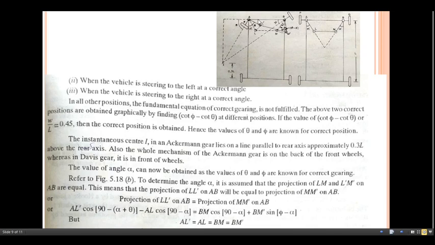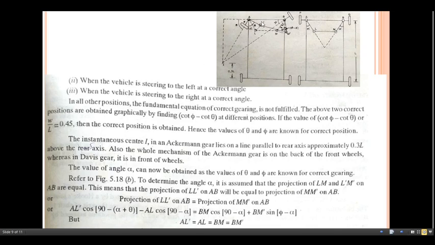This can be obtained with the help of the total length; if I consider this length, you have to just subtract this length. So from the geometry, what can we write here? AL dash cos of this angle, which is alpha plus theta. What's about this angle? If you look at this one, it is 90 degrees, so 90 minus alpha plus theta.